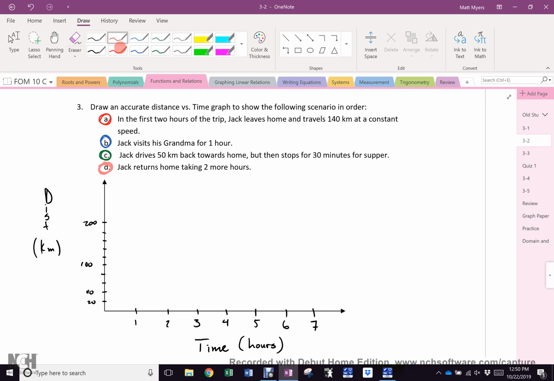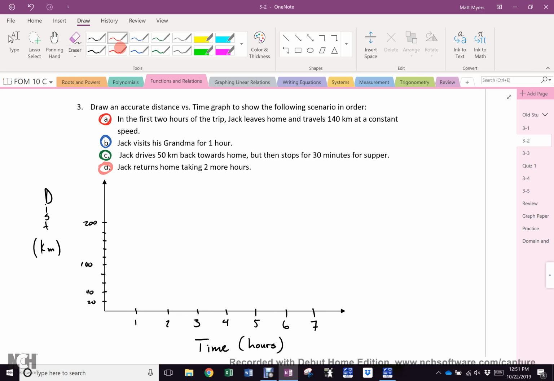Addison, yes? Is he going at a constant speed of 140 kilometers? I know what you're asking. Is he always going at that speed? Because it doesn't say he drives 50 kilometers back towards home, but what speed? I know. We're going to talk about that. That's something that's weird here, right?